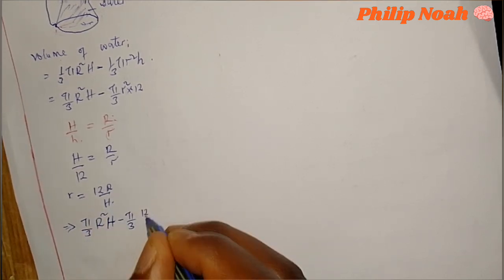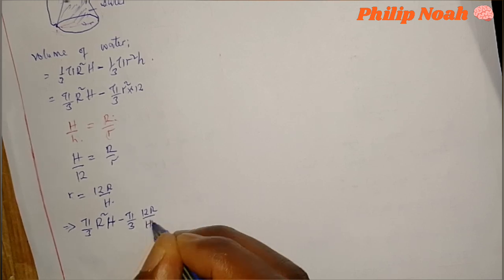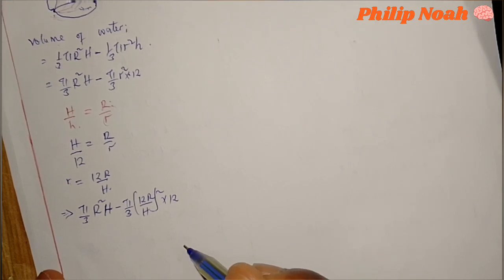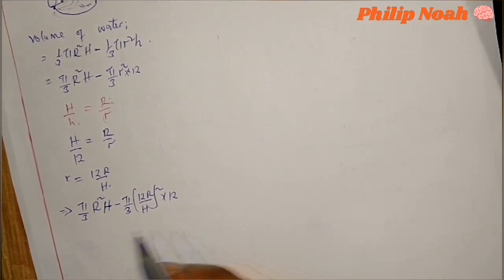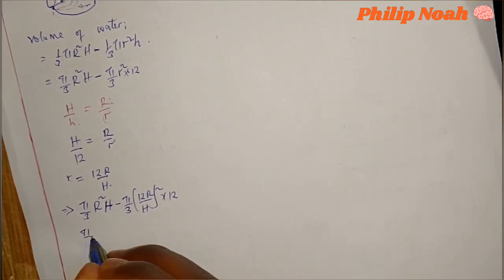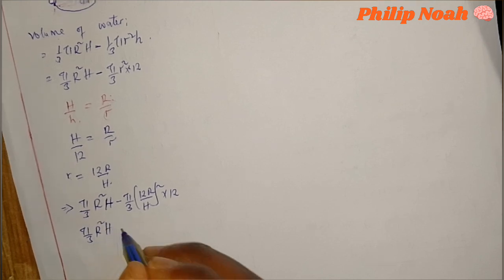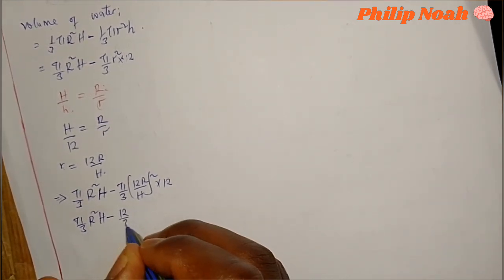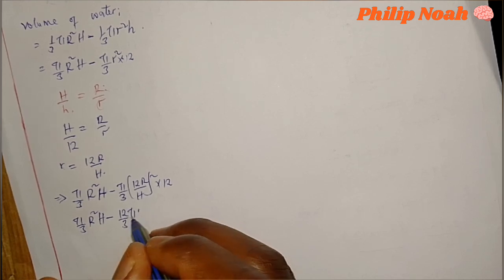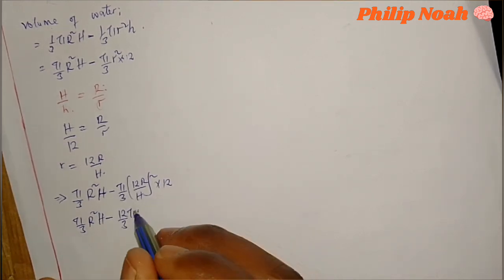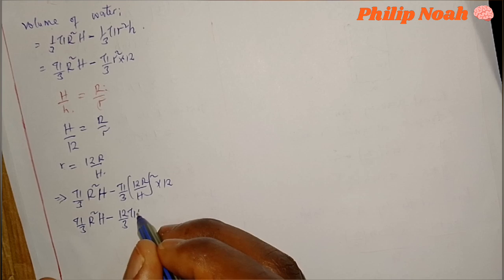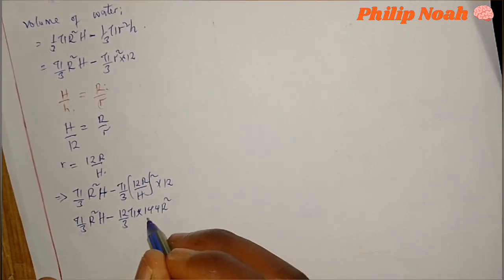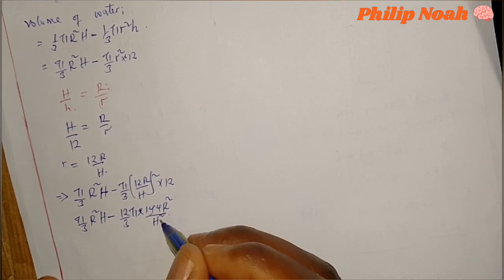So this one, 12R over H squared times 12. This becomes pi over 3 R squared H minus 12 over 3 pi, this squared is 144 R squared over H squared.